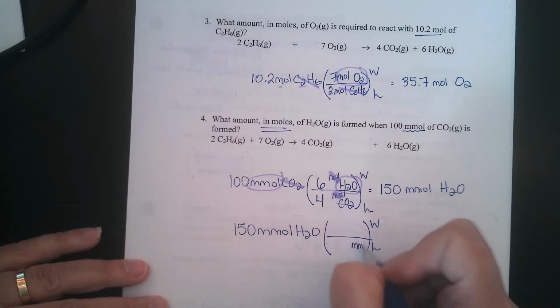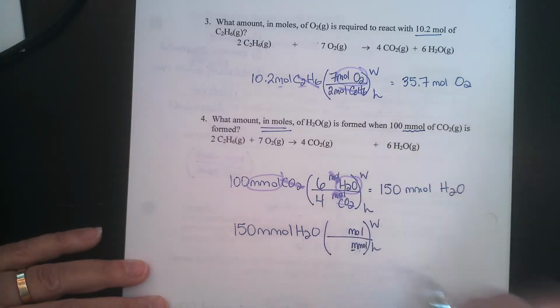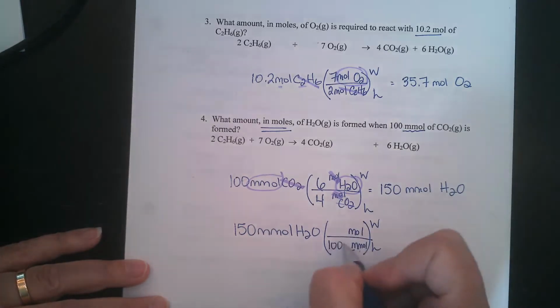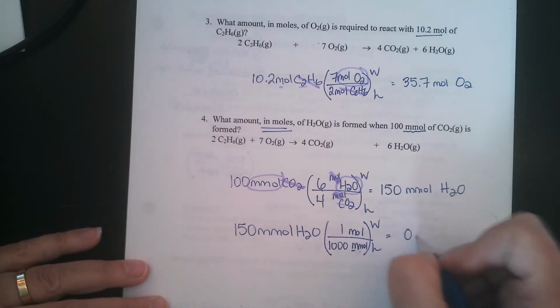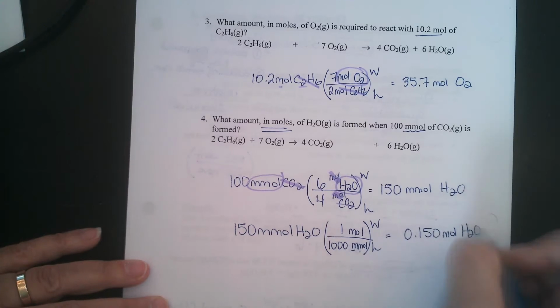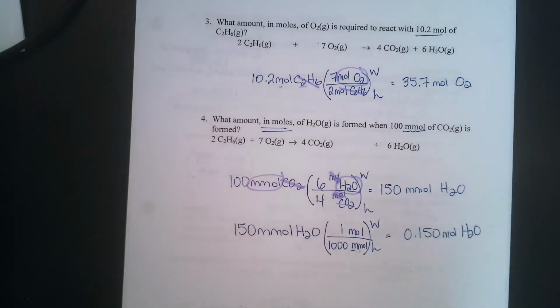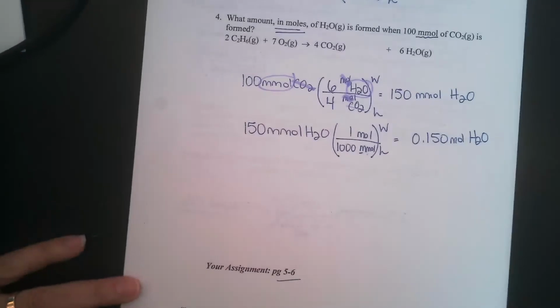I have millimoles and I need moles. Well, milli, if we look, is 1,000 millimoles in 1 mole. So then my answer would be 0.150 moles of water. Okay, so want over have works for a number of different things that we're going to look at. Now your next task here is you're going to stop and you're going to work on pages 5 to 6.